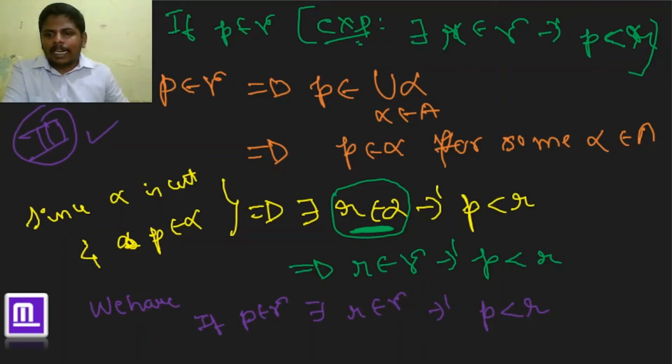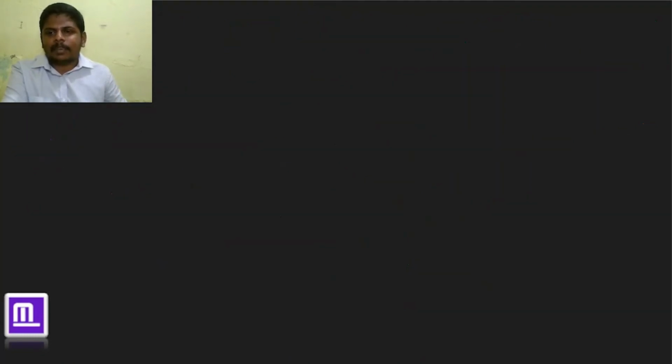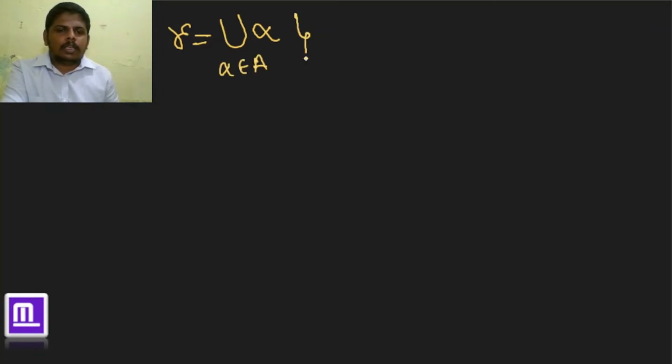So this is a clear-cut explanation that our gamma, which is the union of all the cuts in A, is a cut. That means it is a real number.